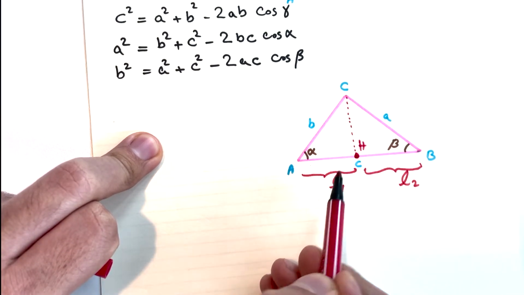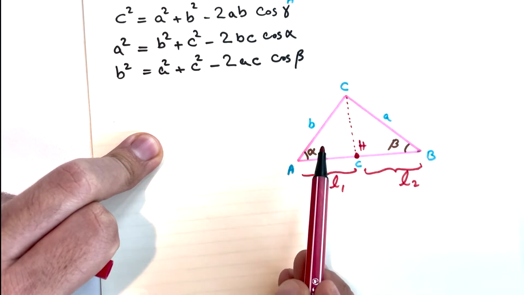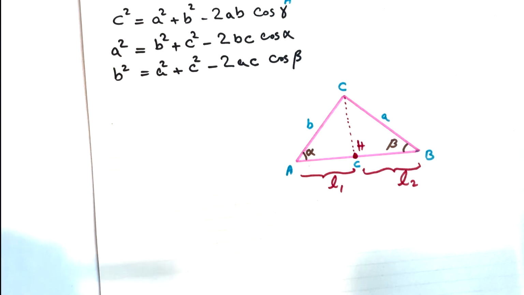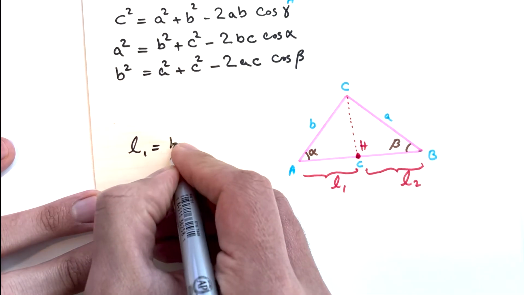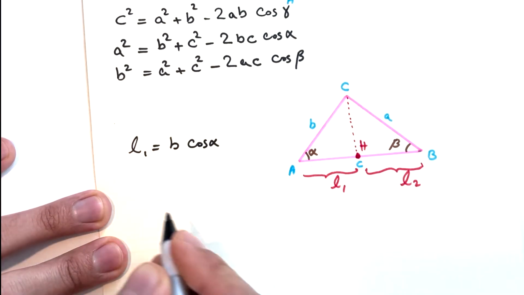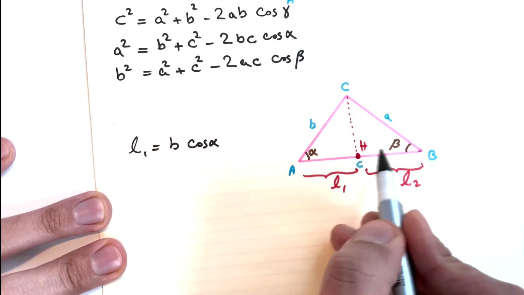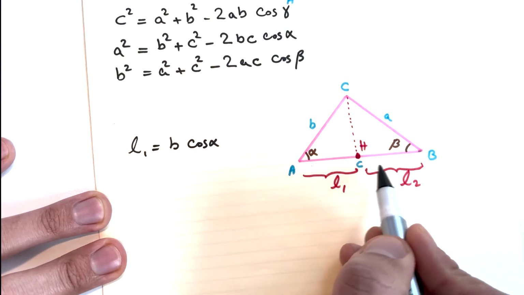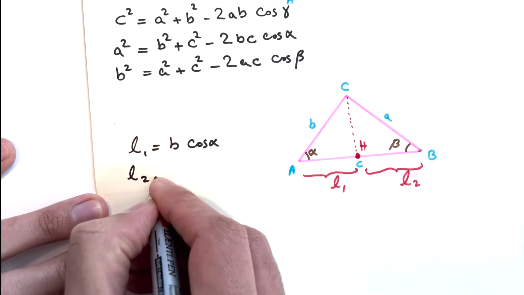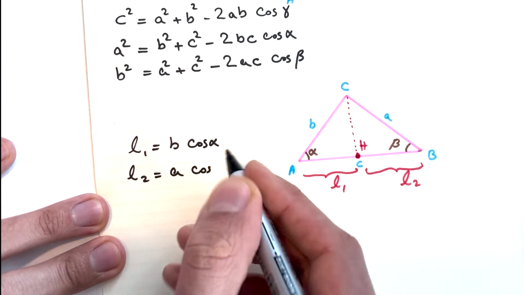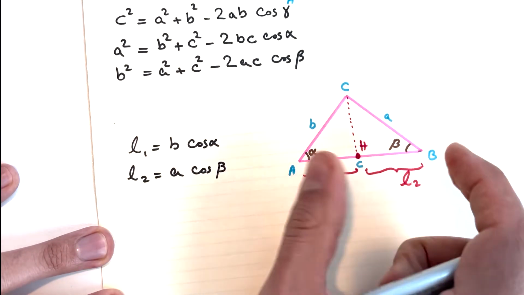In the triangle AHC, L1 will be b cosine alpha. And in triangle BHC, I can write L2 as a cosine beta.